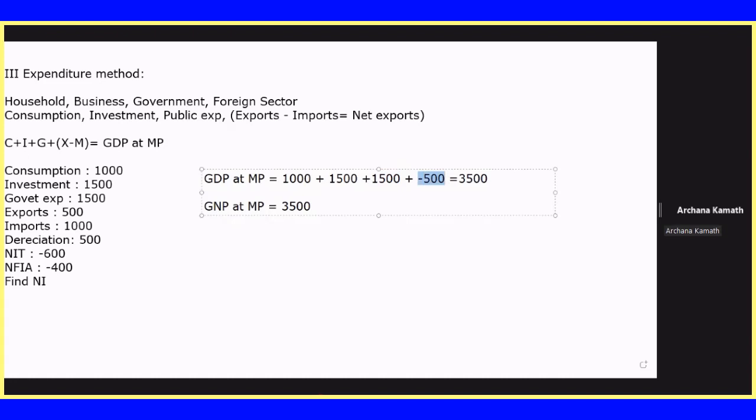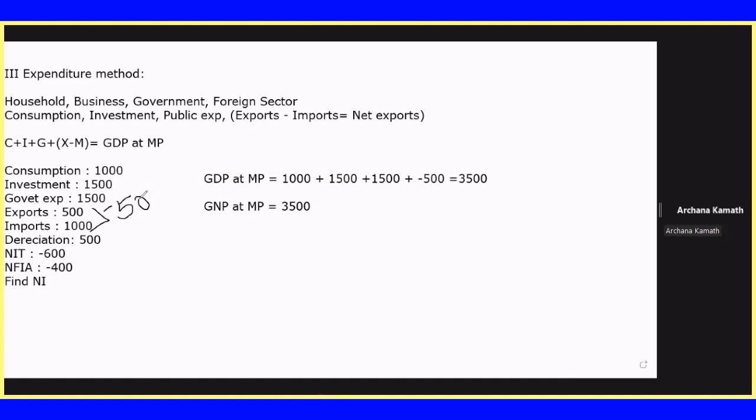Because of imports and exports, net exports. If the exports value is lesser than the imports value, you'll get a negative value, right? Always, it's beneficial for the economy to have more exports. So net exports can sometimes go negative if exports are falling short of imports.